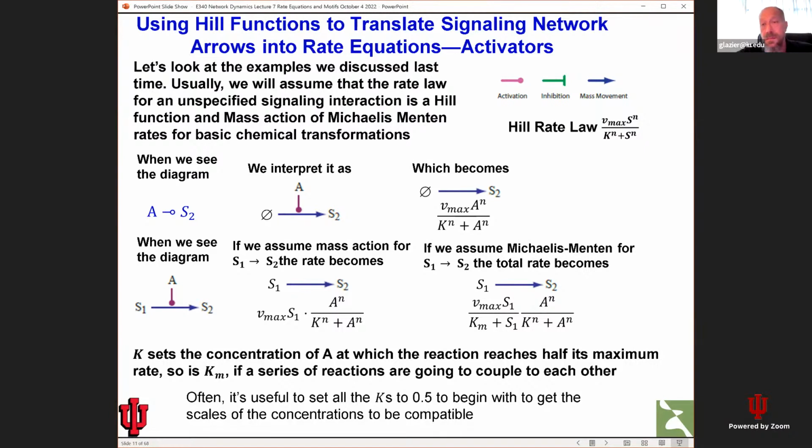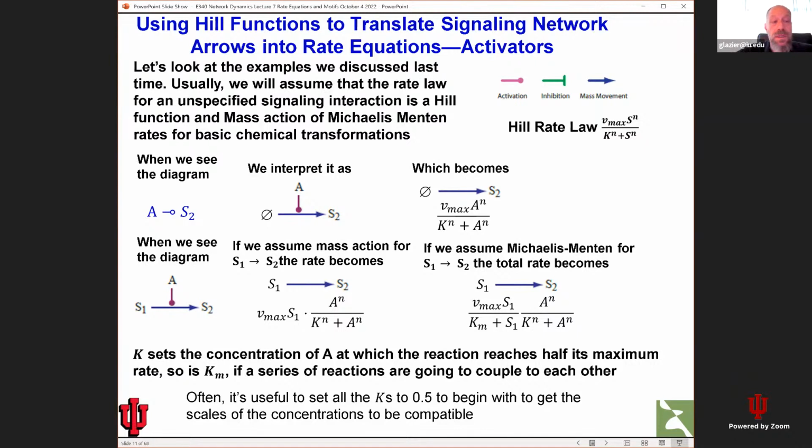And we want to know what we do with that when we see it in a reaction diagram, in a network diagram. And if we have no information at all about the system other than that there is activation, we have to make some hypotheses about it. And there is a typical standard set of hypotheses that we're going to make.